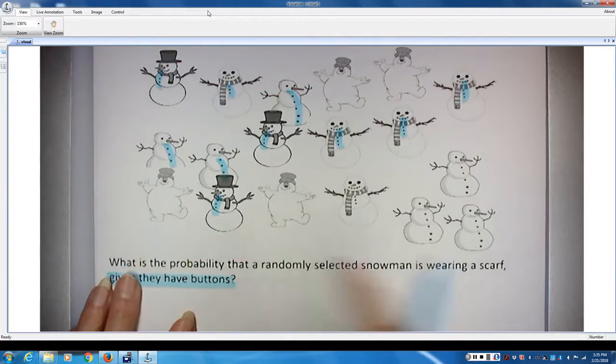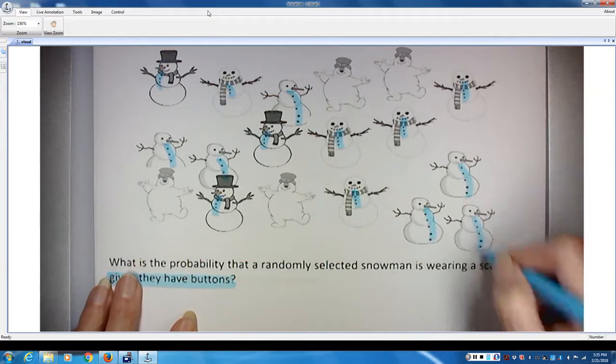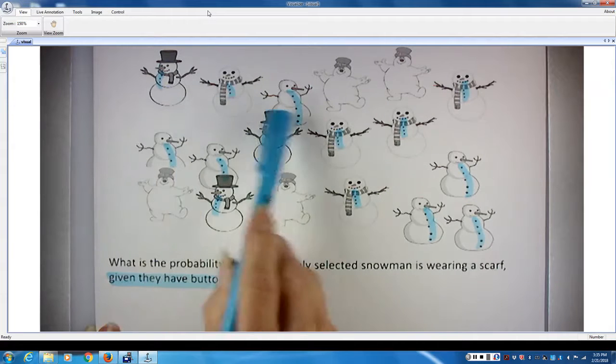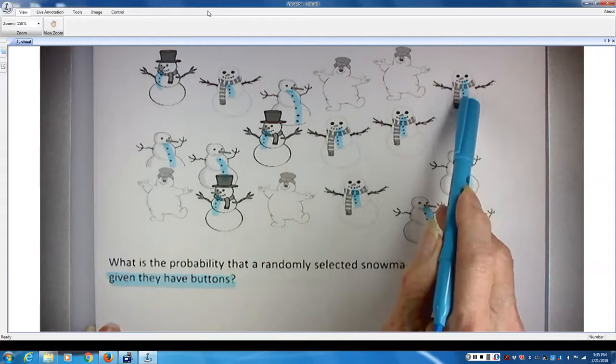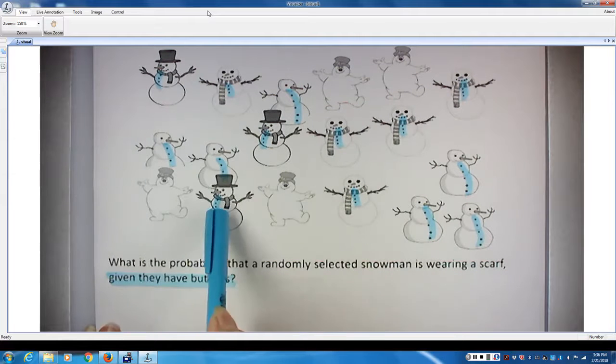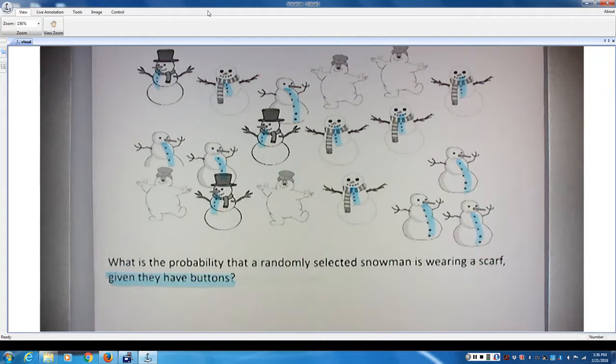No buttons. This one's got buttons. This one's got a bunch. 1, 2, 3, 4, 5, 6, 7, 8, 9, 10, 11, 12, 13, 14. Did I count right? Okay, so there are 14 snowmen with buttons.